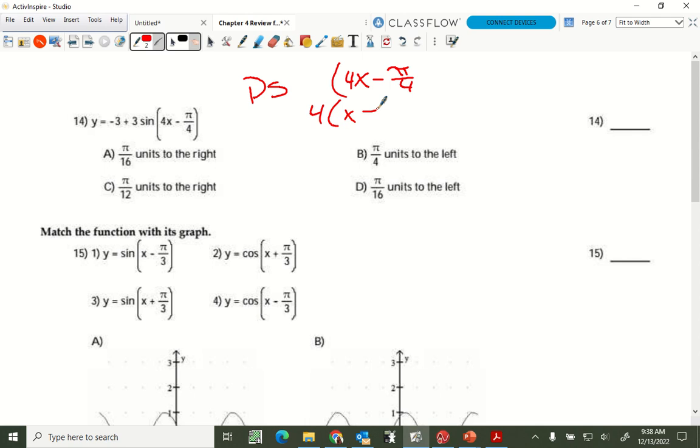So what's that going to be? Pi over 16. Pi over 16, I'm dividing. So if I was multiplying, it would be the top number, but I'm dividing, so it's going to be the bottom number. So it's pi over 16. So pi over 16 to the which way? To the right. Remember, it's opposite. Okay, so to the right, pi over 16.